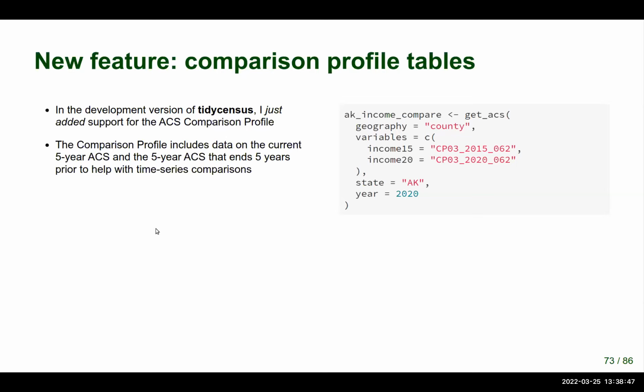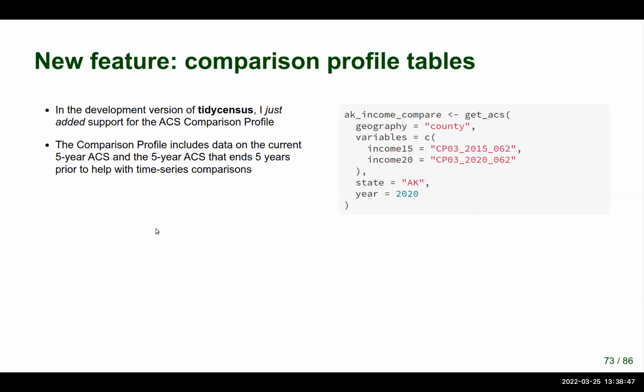And so I think I'm close to finalizing this methodology. This is very much an in-development feature, but what I can do is grab inflation-adjusted median household income for 2011 to 2015 and 2016 to 2020 for counties in Alaska. These are the codes. I'm using a named vector to replace these variable codes.